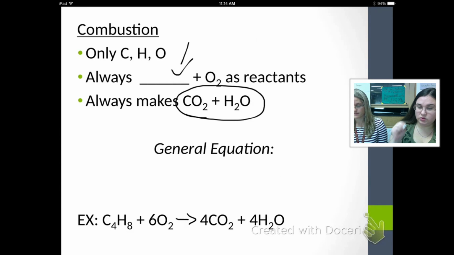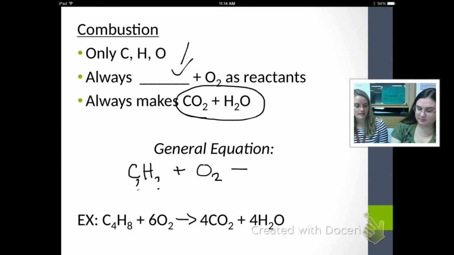Every single time. All right, so our general equation for this is that we're going to have some kind of carbon compound made up of C's and H's, maybe something else thrown in there, possibly oxygen, and any numbers down there. And it's going to react with O2 always, and it's always going to produce CO2 and H2O.